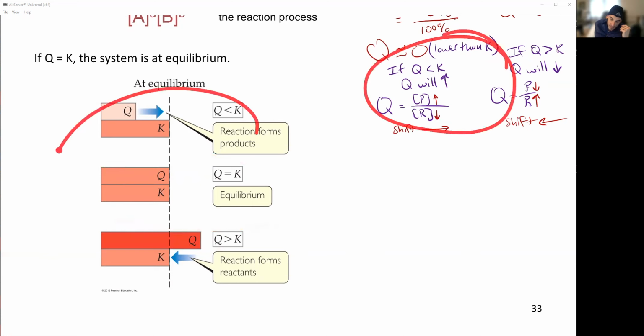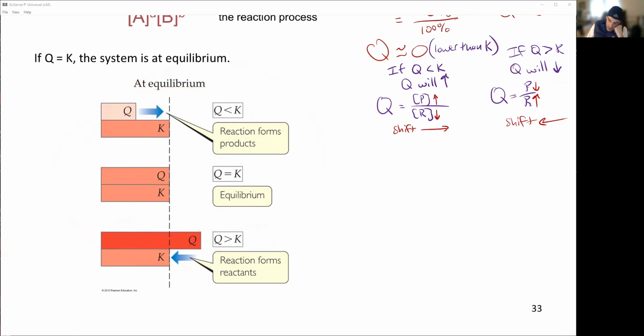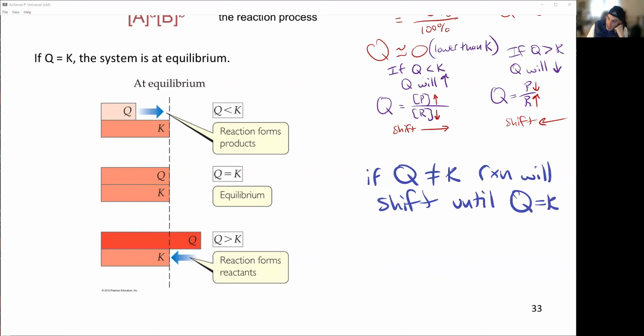Just to sum up one more time, if Q does not equal K, the reaction will shift until Q equals K. We're always going to change that.